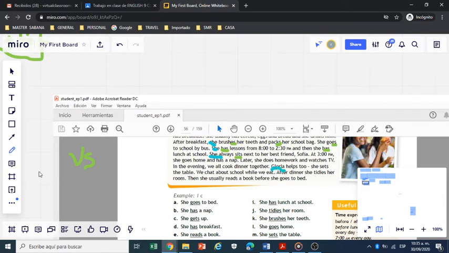the verb with S, helps, this is a routine. She sets, the verb plus S. She tidies, S. She usually reads, the verb with S, because this is simple present and this is a routine.